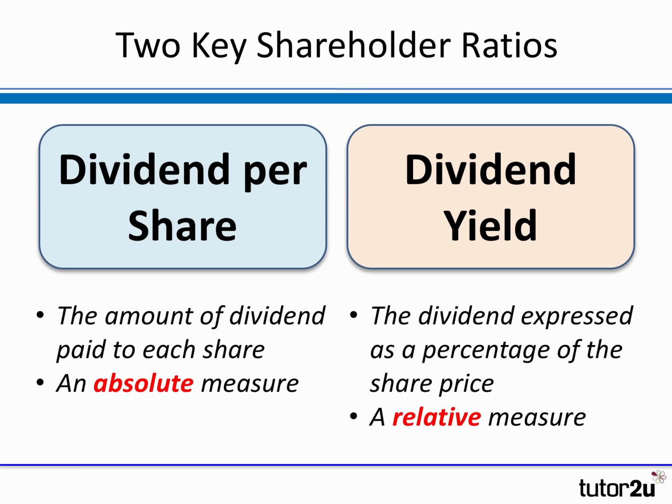Dividend yield is slightly different in the sense that it is expressed as a relative measure. It's expressed as a percentage. And the calculation, as we'll see in a second, is the dividend paid out expressed as a percentage of the share price to give a feel for the relative return on investment.